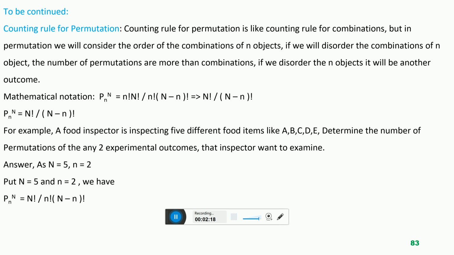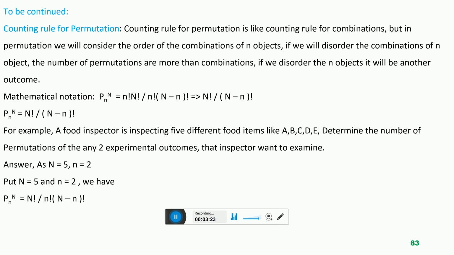Here we are choosing combinations of small n objects from the large set of objects, and we use capital N for that.